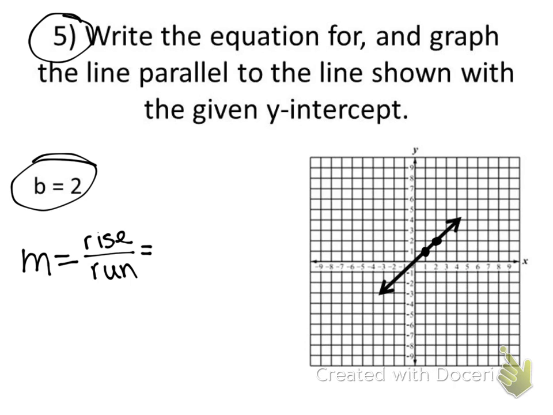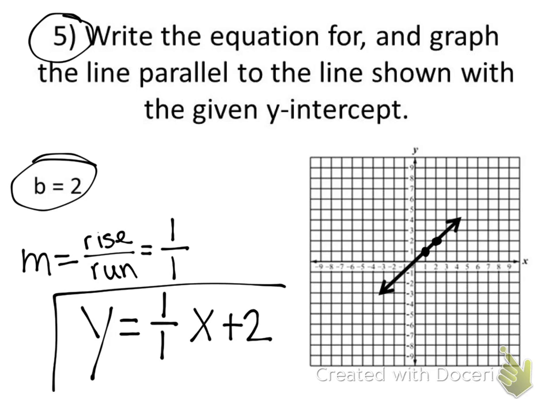So my rise is 1, my run is 1. So what is my equation? Very good. Y equals 1 over 1x plus 2. That is as far as you need to go in your notes.